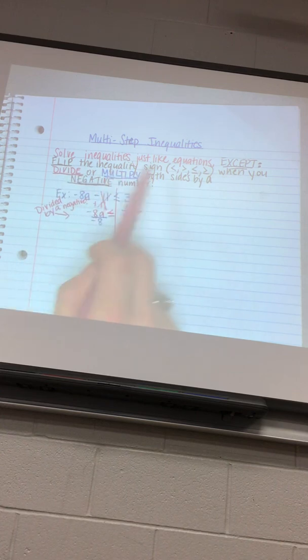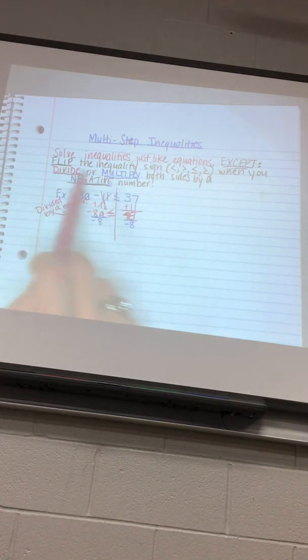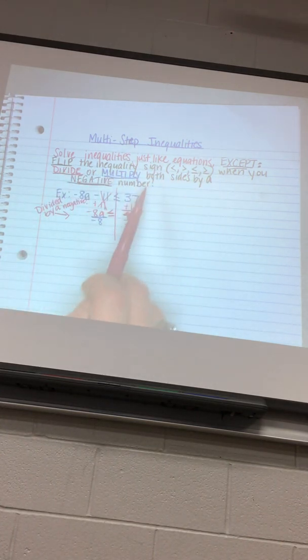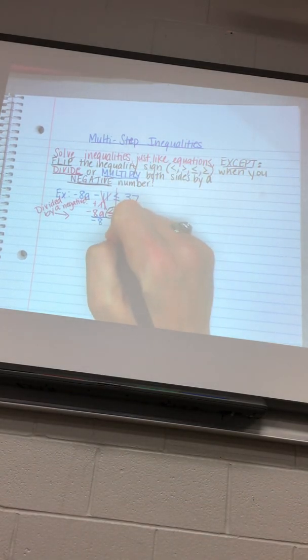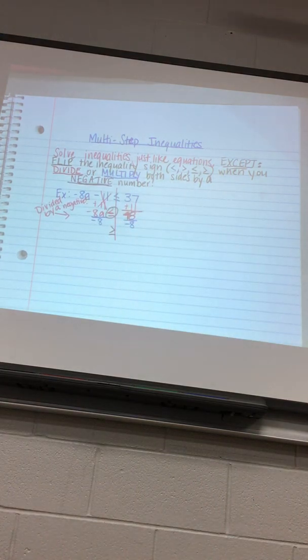Flip the inequality sign when you divide or multiply both sides by a negative number. We just did that. So now we're going to have to flip our inequality sign. And now it's going to be greater than or equal to. And only because we divided off a negative 8, a negative number.